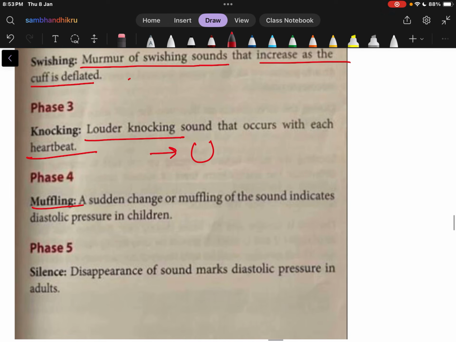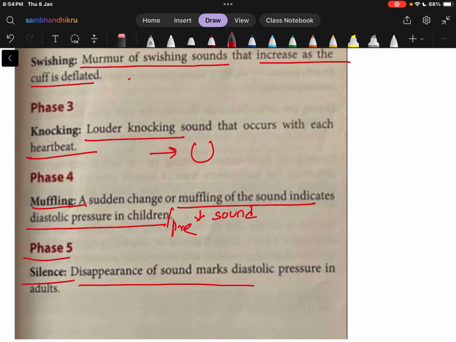Next, the muffling sound, a sudden change in the sound, that is due to the lesser sound. Muffling sound indicates the diastolic blood pressure in children, also in pregnancy. Next, phase 5, silence, the disappearance of the sound, marks the diastolic blood pressure, right?